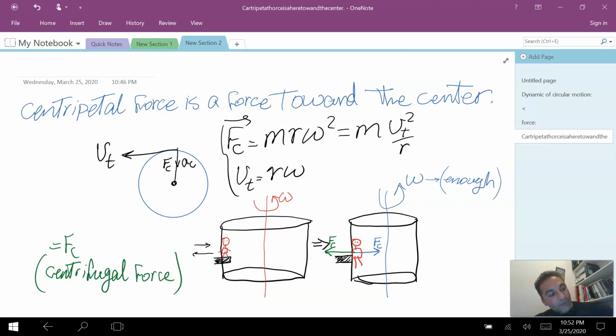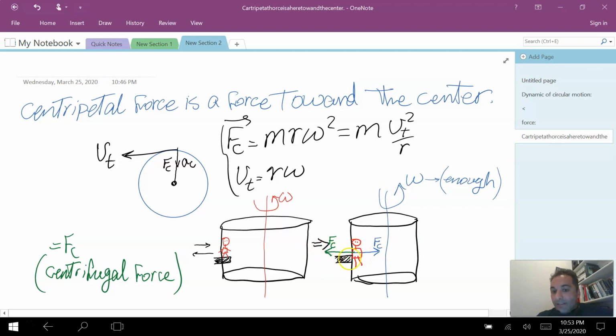But in physics we usually don't use the word centrifugal force. We do, but usually in the books, no. We always go with centripetal force because they are the same. They have the same equation, only this makes that, correct? For any action, we have a reaction equal and opposite of each other.